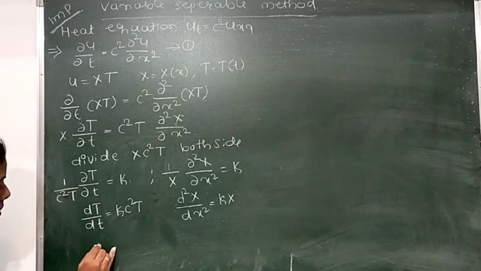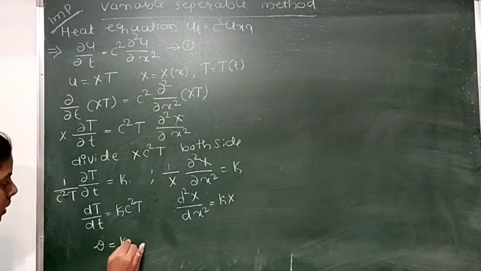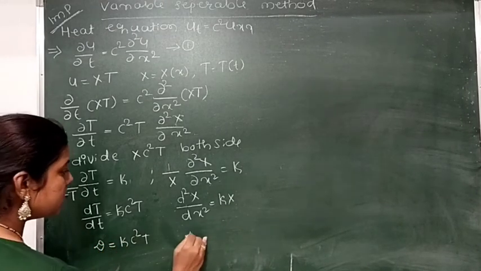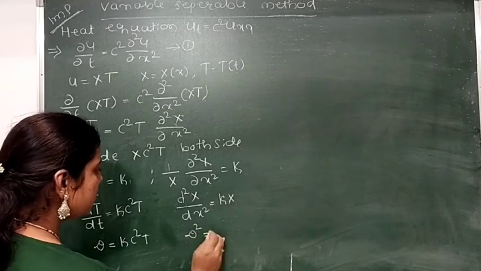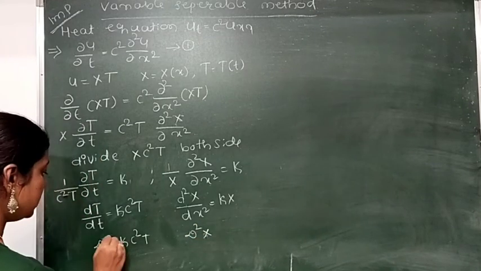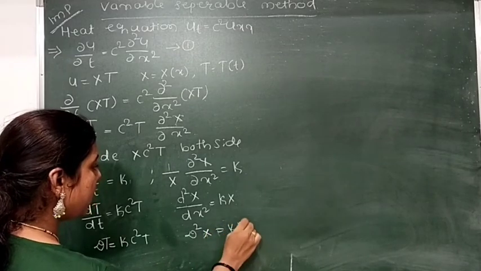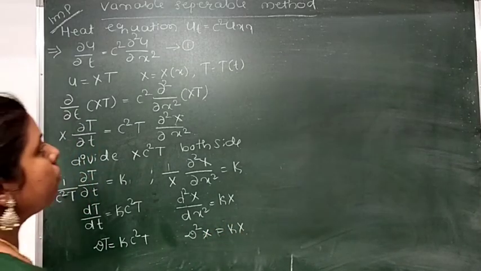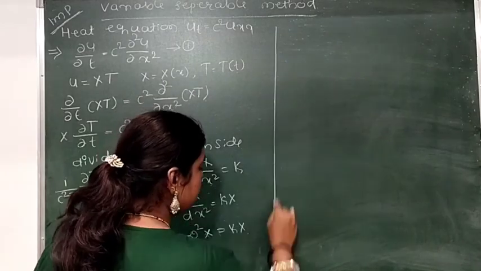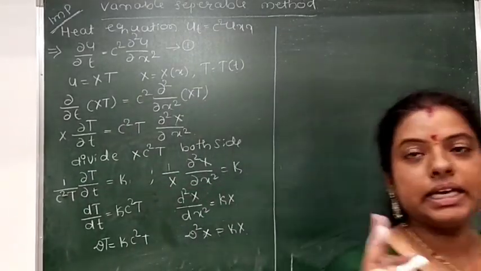Now we write this in the form dT/dt = k c² T, and d²X/dx² = kX. For this variable separable method we have to apply the 3 cases.